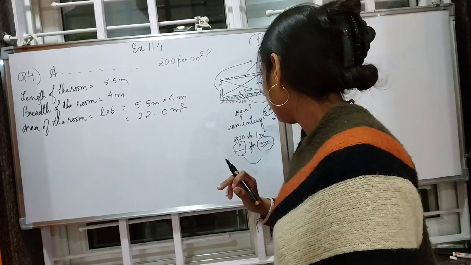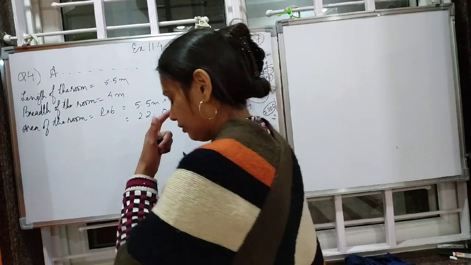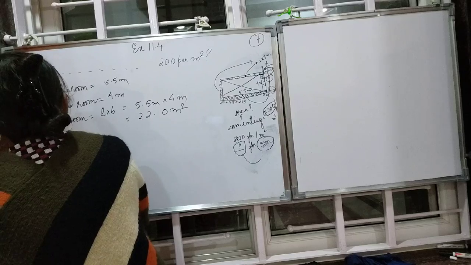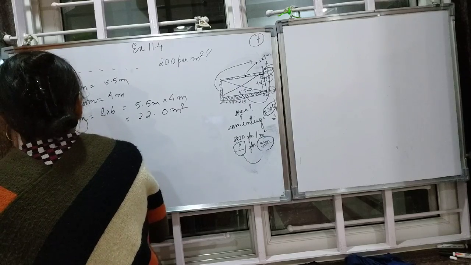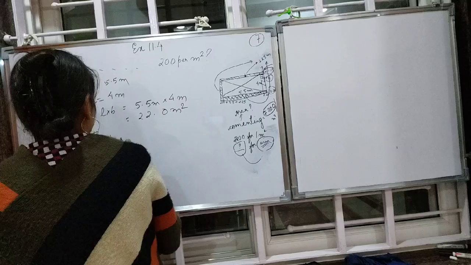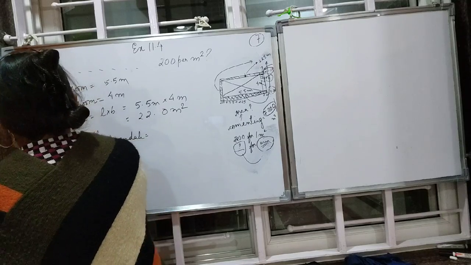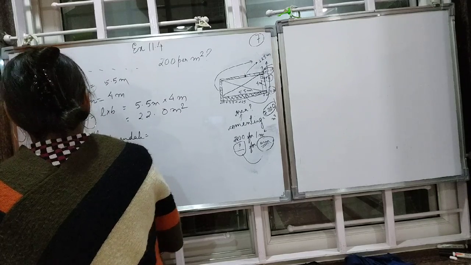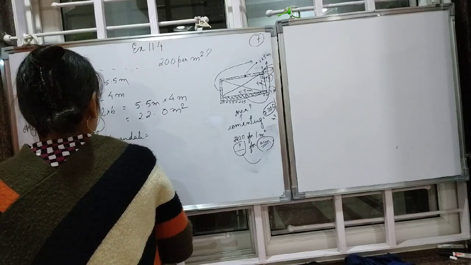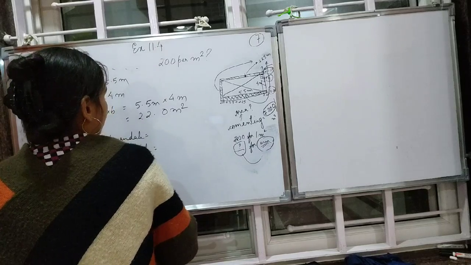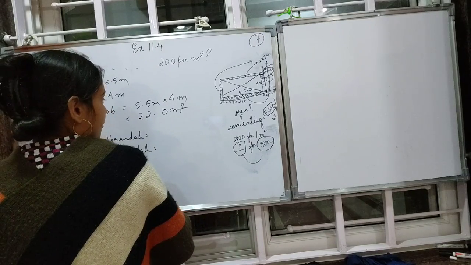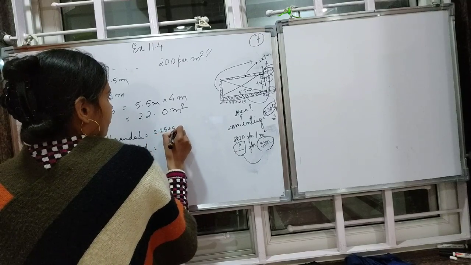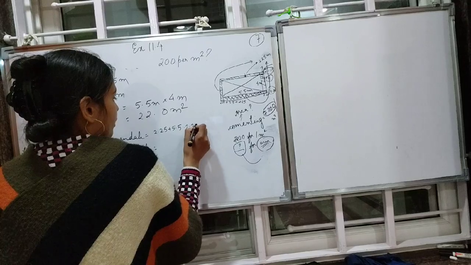Now we have to find the length and breadth of the room along with the veranda. So I am writing length of room with veranda, breadth of room with veranda. Now what is the length of room with veranda? That is 2.25 plus 5.5 plus 2.25.